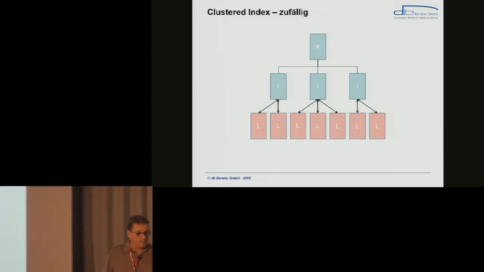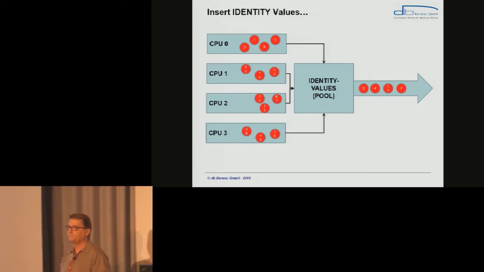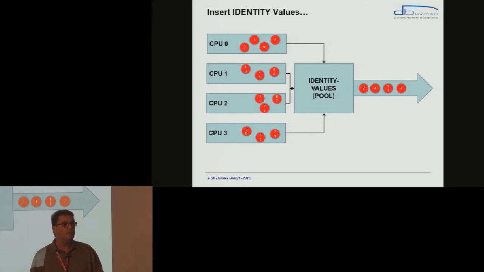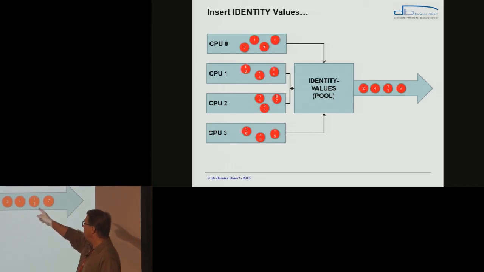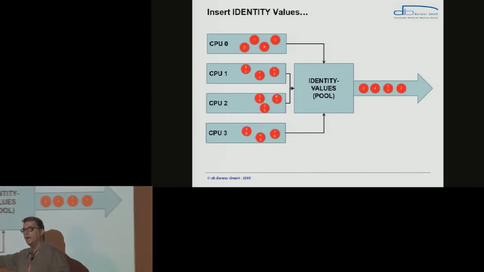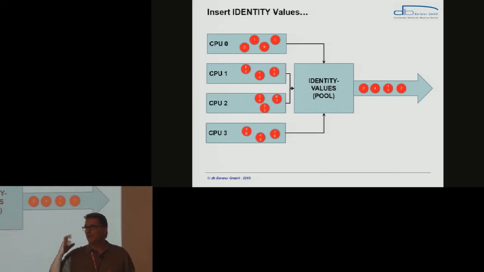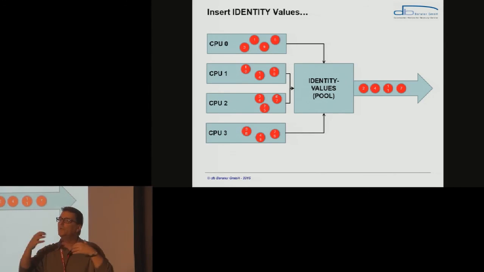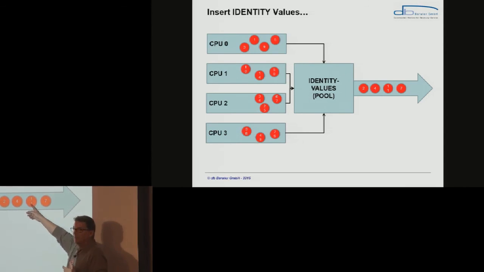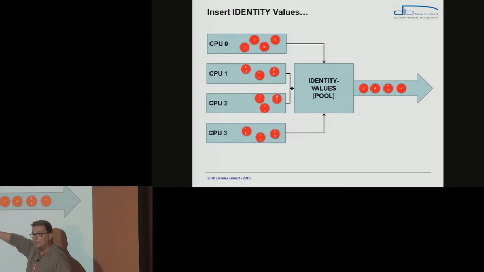What will happen with the integer value is this one. When you have concurrent systems running, so multiple processes, you see it here on every CPU, we have 3 running processes, everyone will grab an identity value. And then comes the problem with concurrency because of the locking. That means if I got the number 11, then the 7 is before me because the resource was earlier for him, so he went from the suspended to the runnable mode.